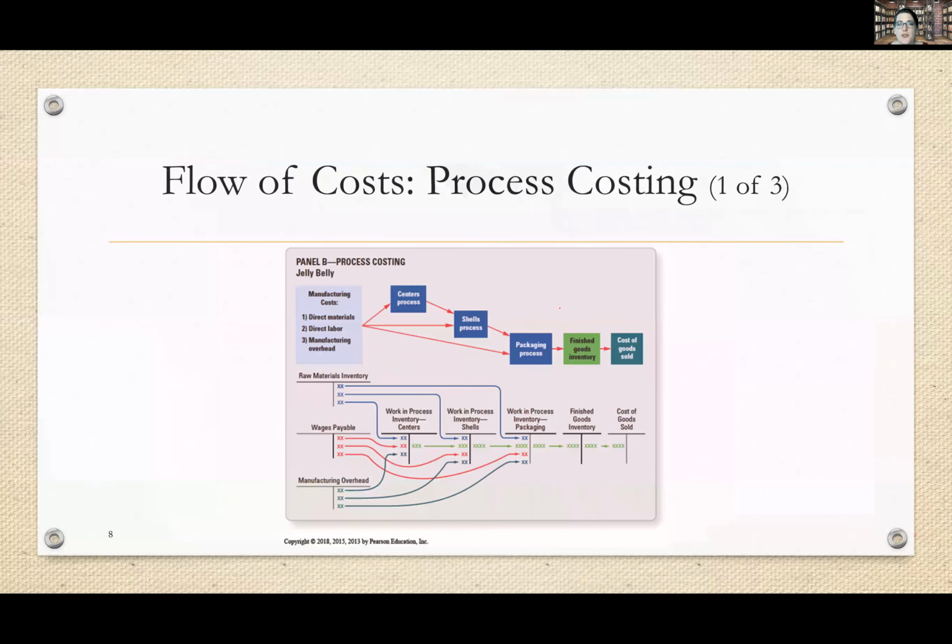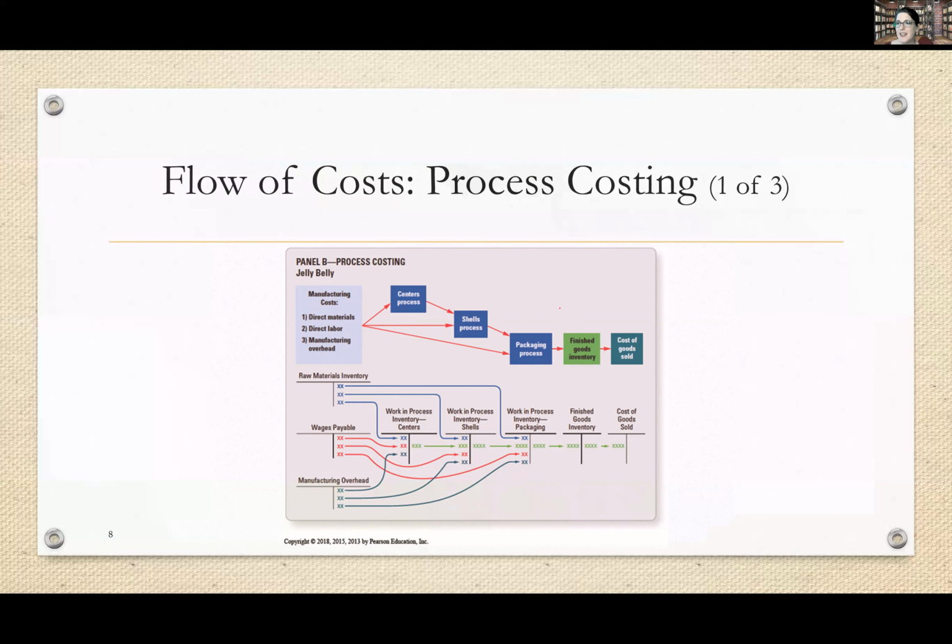Now let's take a look at the flow of costs when we're using process costing. So in contrast to Life Fitness individual jobs, Jelly Belly, right, it makes jelly beans, uses a series of 3 manufacturing processes to produce jelly beans. So if we think about how we make jelly beans, we've got the centers, right? I love jelly beans. You got those little gooey centers, and then you have the harder shells, and then you put them in the packaging.